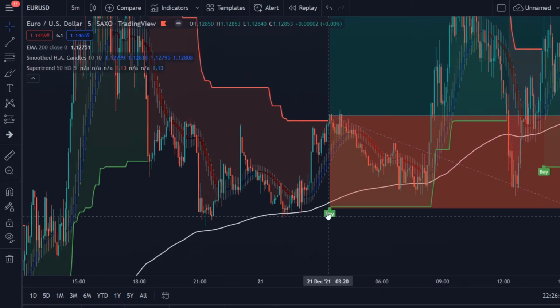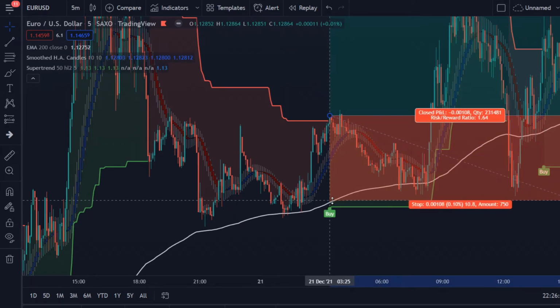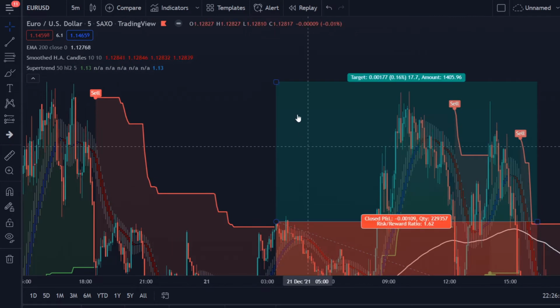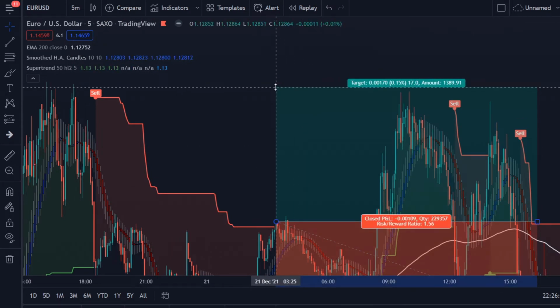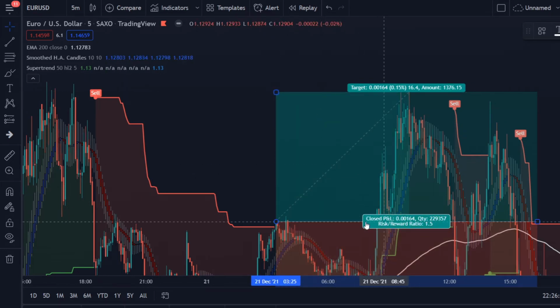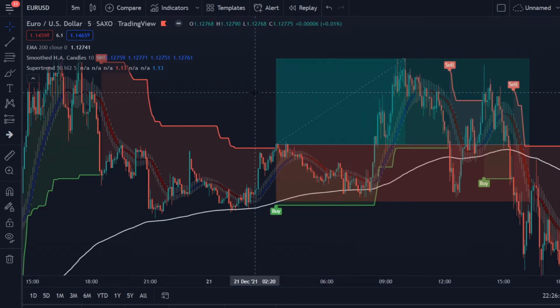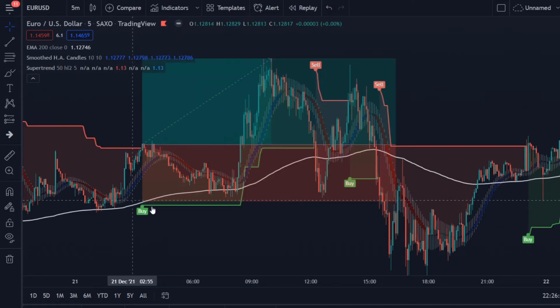But as you can see, if I place my stop loss on top of the 200 exponential moving average, then I also drag this down, and then our TP got hit, right? Just by 1 pip. So that's a nice example of what a difference 1 pip can make. But that's our example of a buy trade.